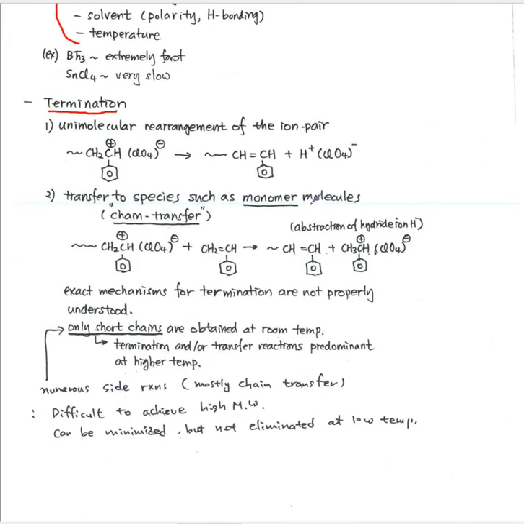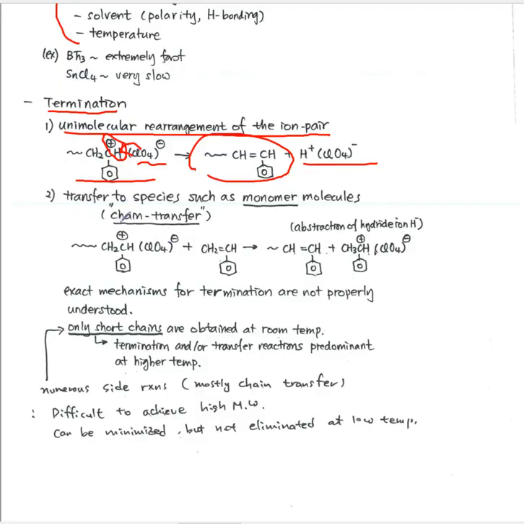So third is termination. We already have seen that for cationic polymerization, combination and disproportionation can occur. So unimolecular rearrangement of the ion pair from these polymer chains with carbocation, they can just rearrange themselves, basically the counter ion attacks this hydrogen ion, forming this structure and initiator structures.